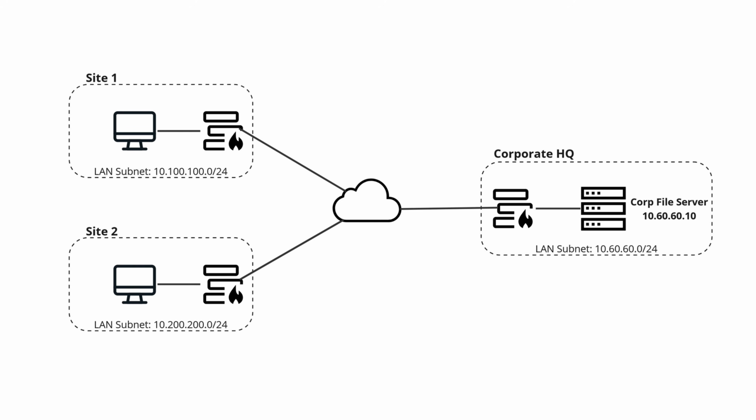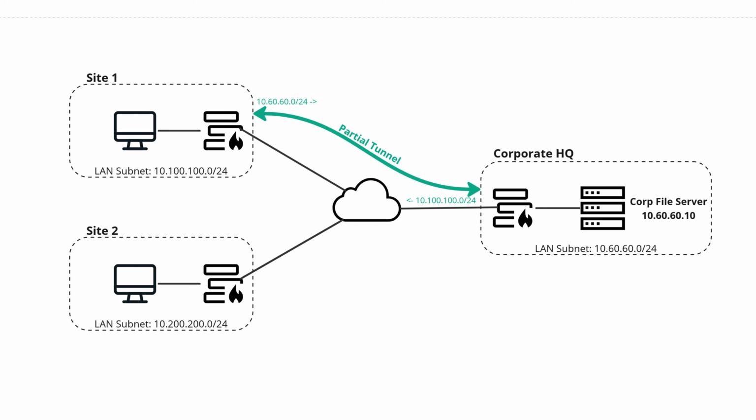Then we're going to work with 2 remote site firewalls connecting back to that corporate headquarters. For site 1, we're going to be using the subnet 10.100.100.0/24, and this site is going to do split tunneling or partial tunneling, where the intent is from site 1, the only traffic traversing that tunnel is going to be 10.60.60.0 for the corporate headquarters.